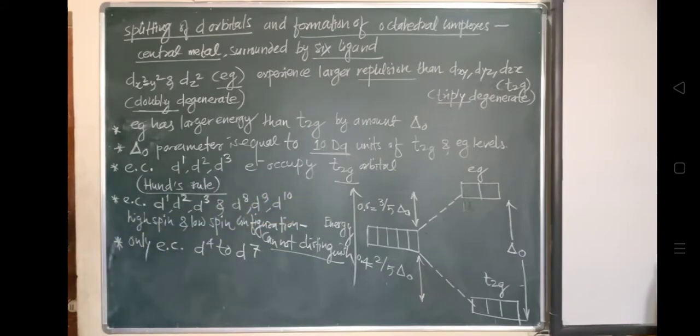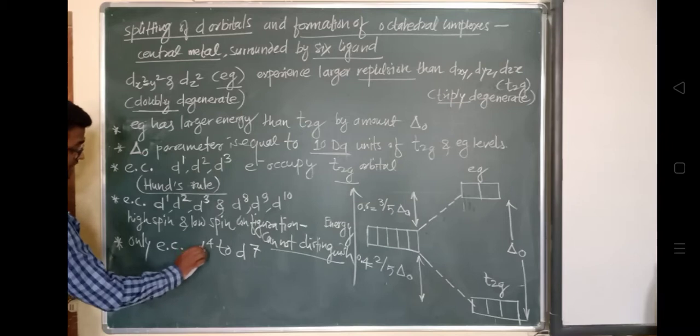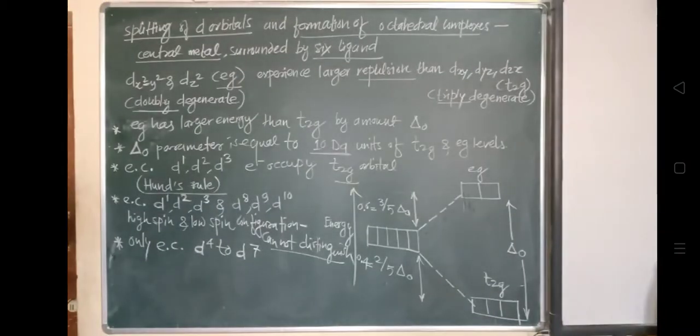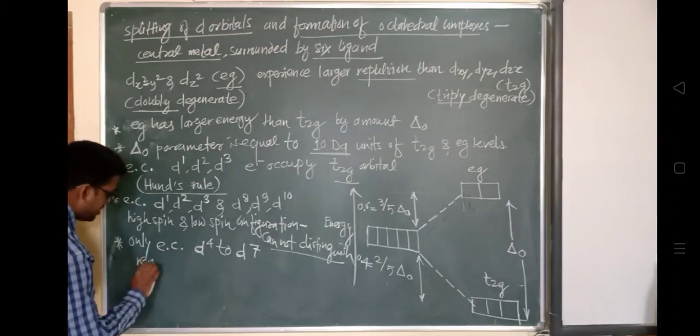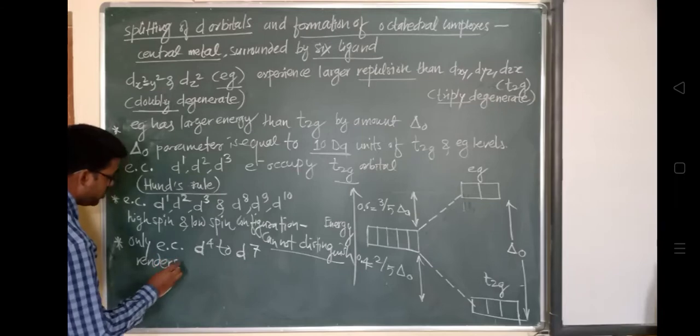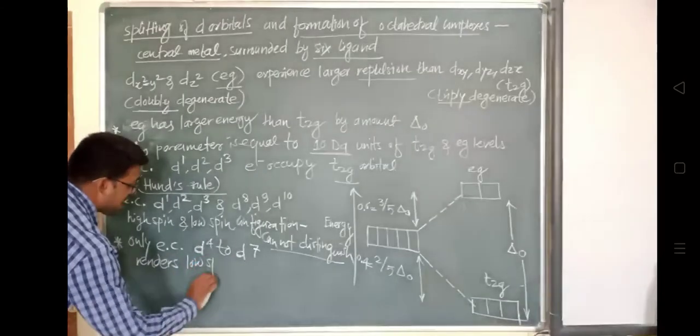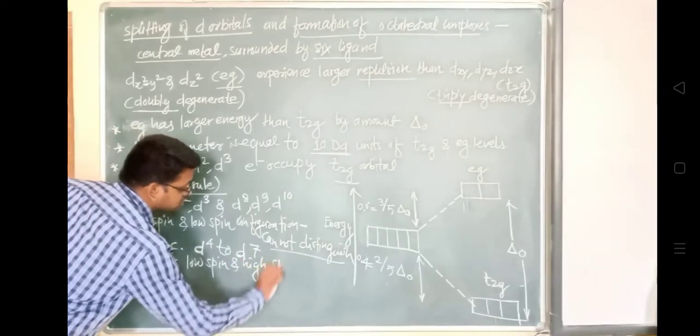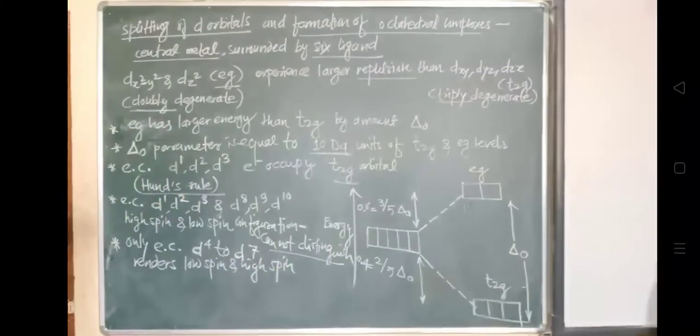Only the electronic configurations from d4 to d7 render high and low spin complexes.